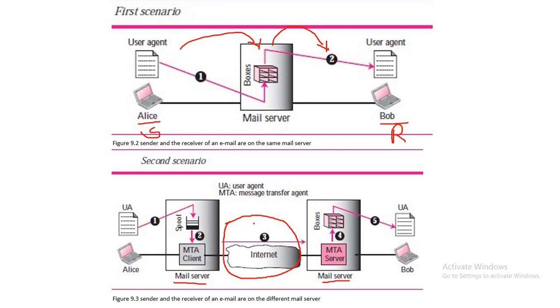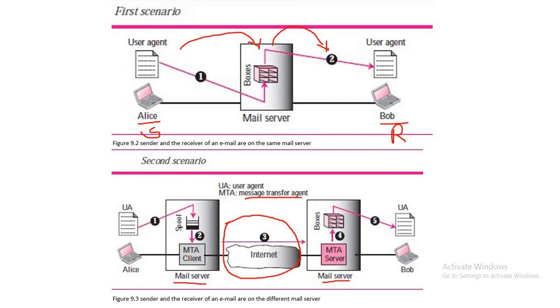Then whenever the sender party sends their mail to the mail server, there is one MTA client. Get it? MTA stands for message transfer agent, and UA stands for user agent. We have already discussed UA. Here Alice is the sender user agent and Bob is the receiver user agent.